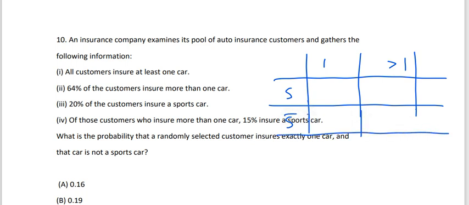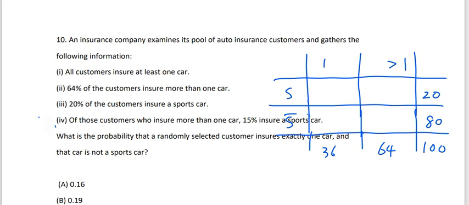And for car type, some cars are sports cars, some cars are not sports cars. Okay. And suppose totally 100. So we just put this information. 64% insured more than one car. So here 64, then here is 36. Okay, and 20% sports car. 20% here, so 80% not sports car.